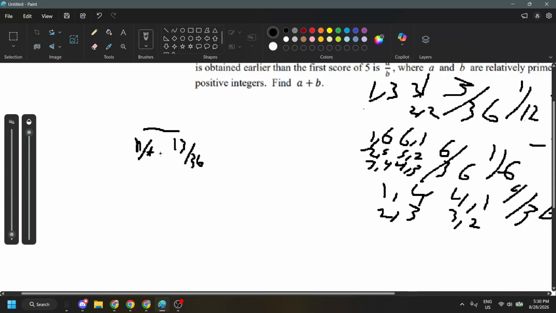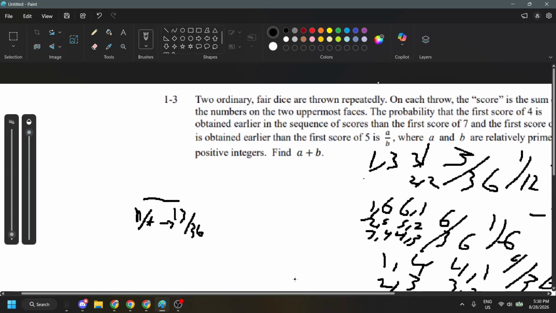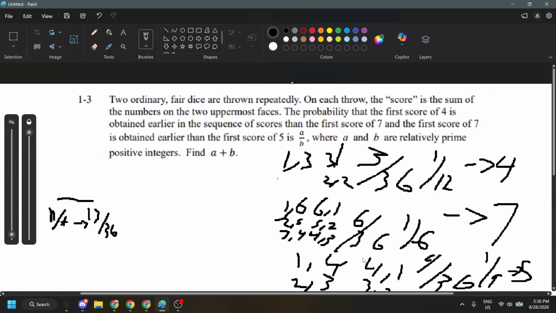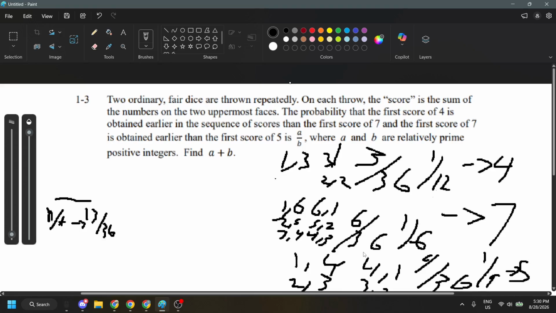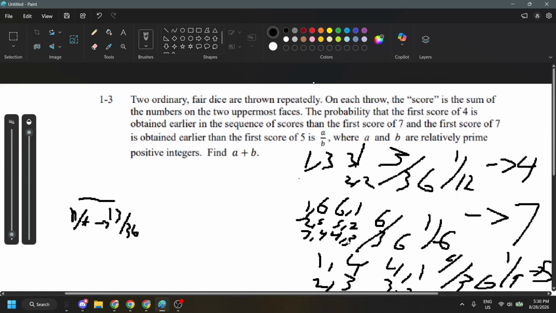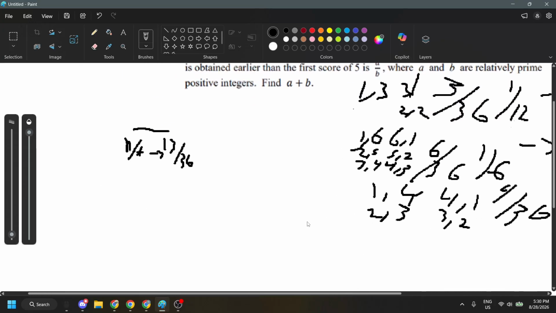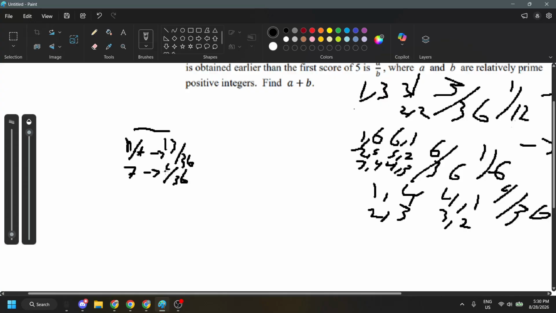The probability that we get a 7 is 6 out of 36. The probability that we get a 5 is 4 out of 36.